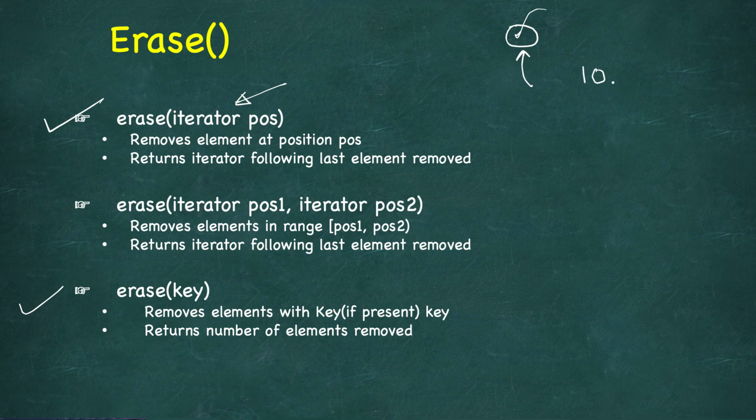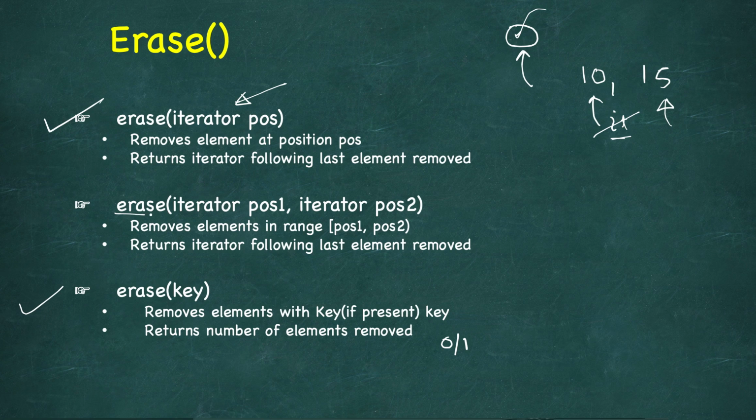So let's say it was 10, next was 15, and you called this IT. If you don't know IT, you can call set.find 10, it will return the iterator. So it will return this 15, the next one. And here it will return the number of elements removed. So if this is not a multiset, it will be 0 or 1.